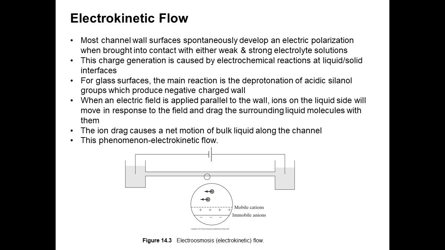Slide number 23 shows how we can get the electrokinetic flow. Most channel wall surfaces spontaneously develop an electric polarization when brought into contact with either weak or strong electrolyte solutions. So there will be some electrical polarization if the channel wall, which is usually made from glass, has contact with the electrolyte solutions. This charge generation is caused by electrochemical reactions at the liquid solid interfaces.